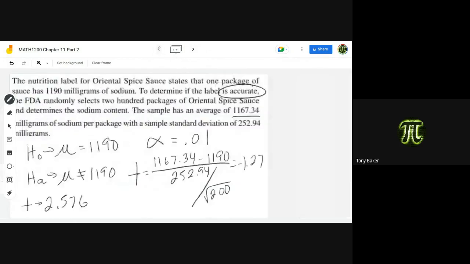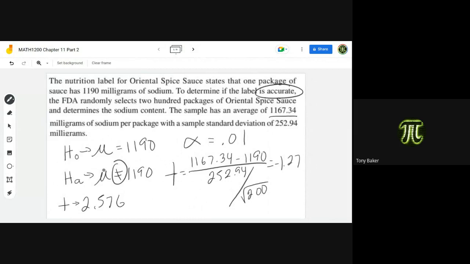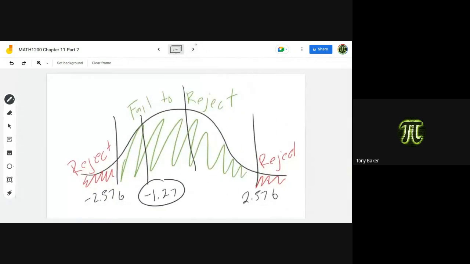In this case, it's the not equal to, which is two tails, because either side would be bad. If it was greater than or less than, that would be one tailed, because we'd only be looking in one direction. You really only have three options: not equal to, greater than, or less than.